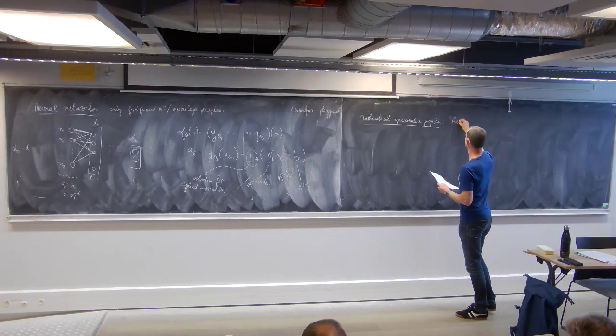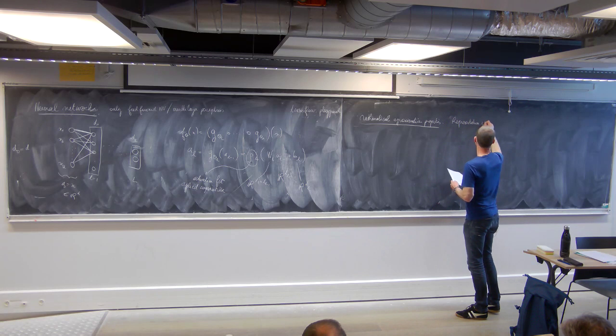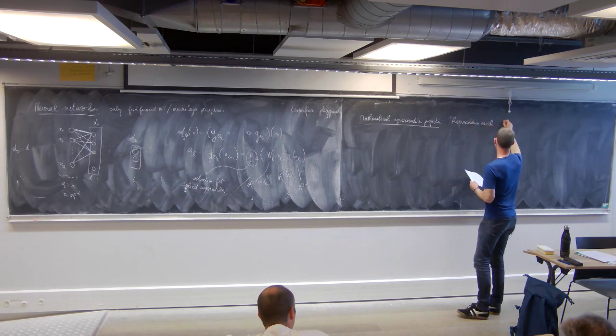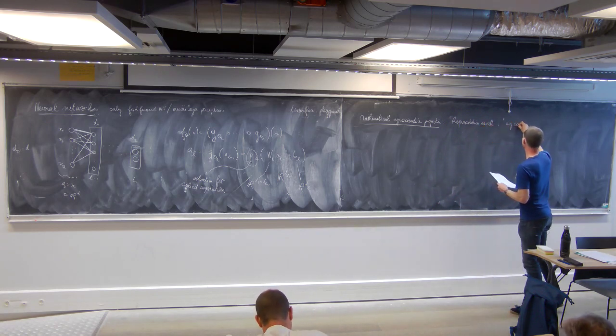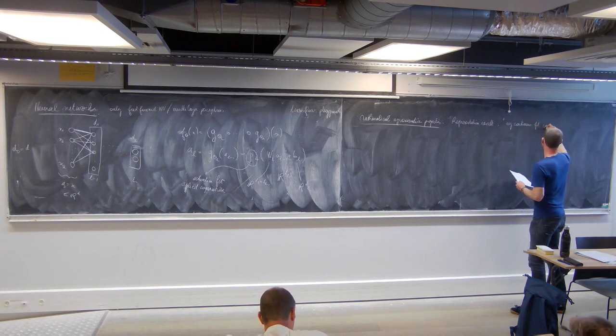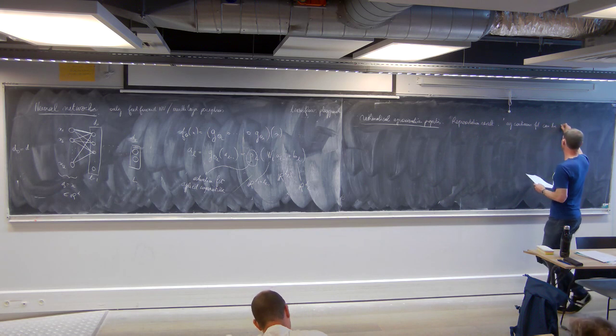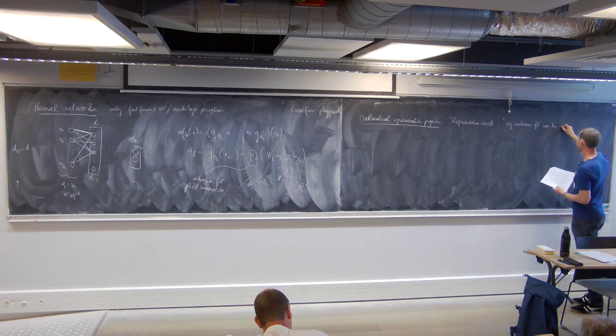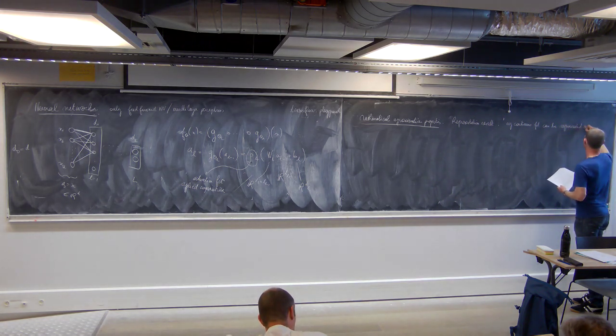So it's a representation result, which essentially tells you that any continuous function can be approximated with arbitrary precision.